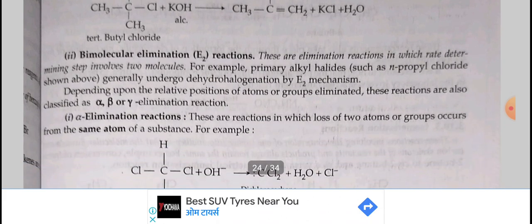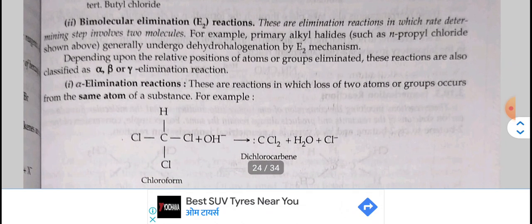Bimolecular elimination E2 reactions. These are elimination reactions in which the rate determining step involves two molecules. For example, primary alkyl halides such as n-propyl chloride shown above generally undergo dehydrohalogenation by the E2 mechanism. Depending upon the relative position of atoms or groups eliminated, these are also classified as alpha, beta or gamma elimination reactions.